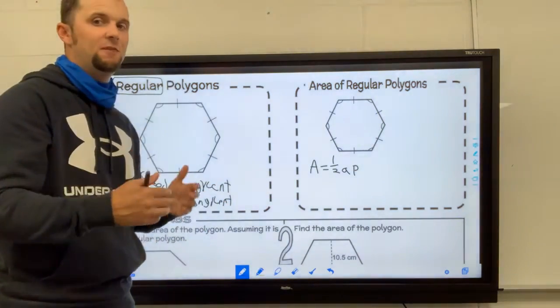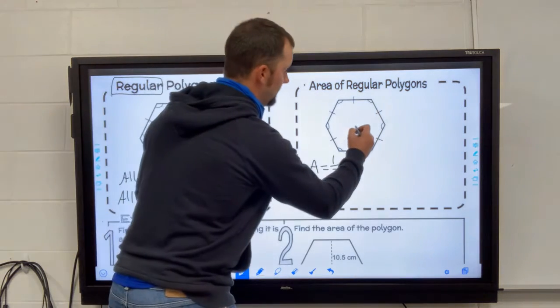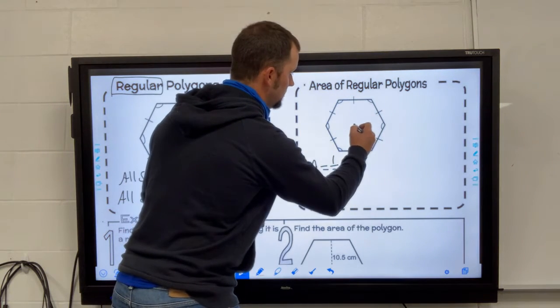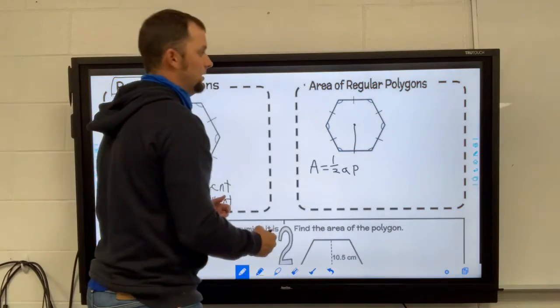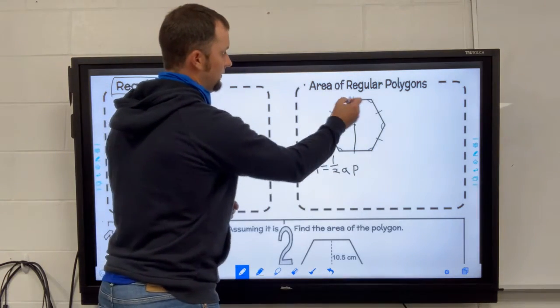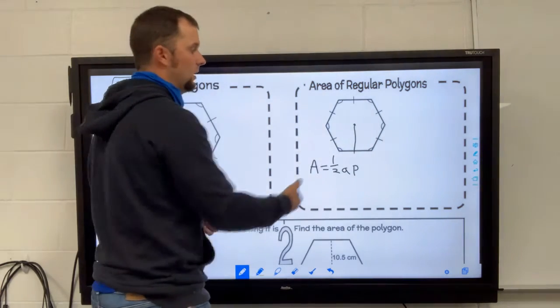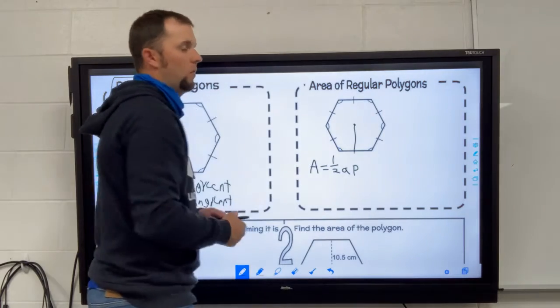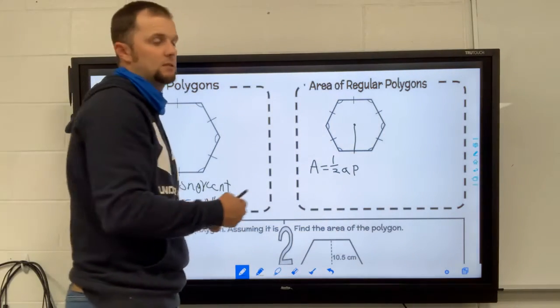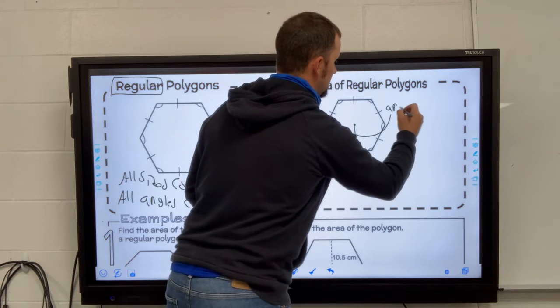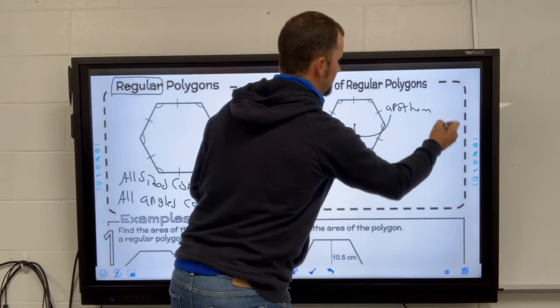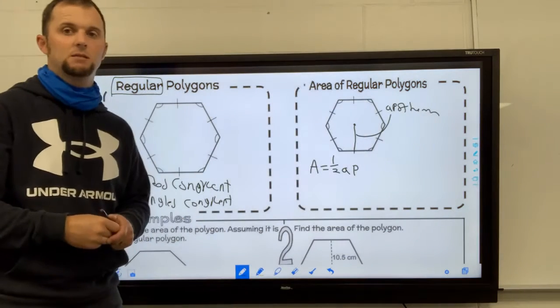The apothem is the length going from the center of the circle straight down to the middle of the side. So technically there's 1, 2, 3, 4, 5, 6 sides here. So there's an apothem that can go all the way around this in 6 different ways. So right now, ladies and gentlemen, this guy right here is known as your apothem, okay? That's what that guy is.